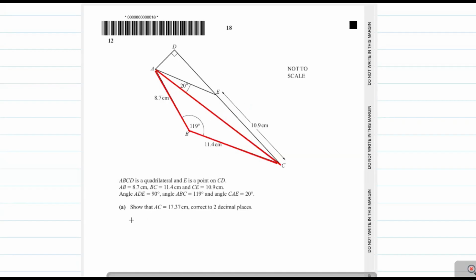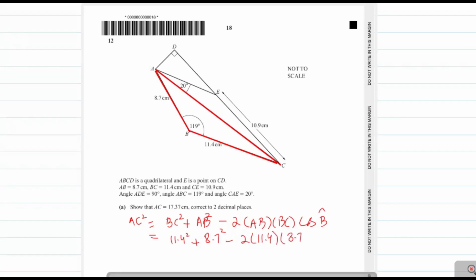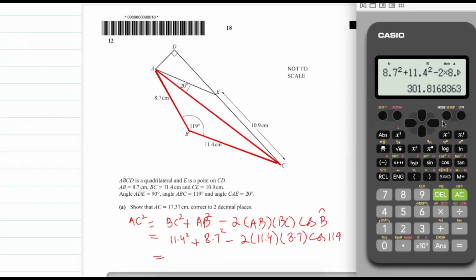According to the cosine rule, this length AC squared will be equal to the sum of squares of the other two sides, BC squared and AB squared, minus 2 times these two adjacent sides AB into BC into cos of the angle between them, cos B. AC squared will be equal to 11.4 squared plus 8.7 squared minus 2 times 11.4 into 8.7 into cos of 119.